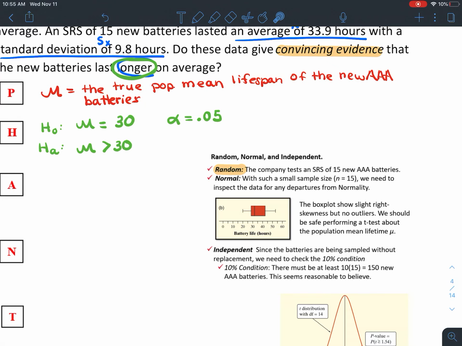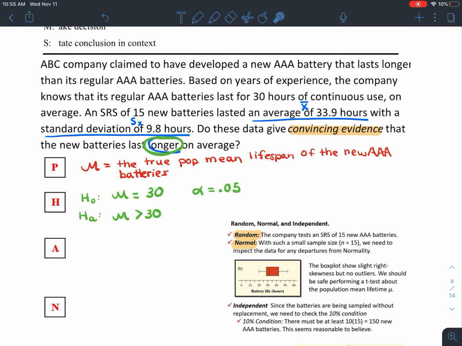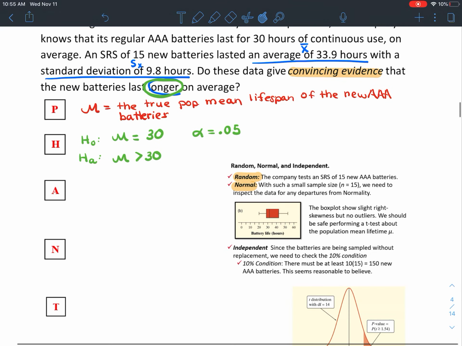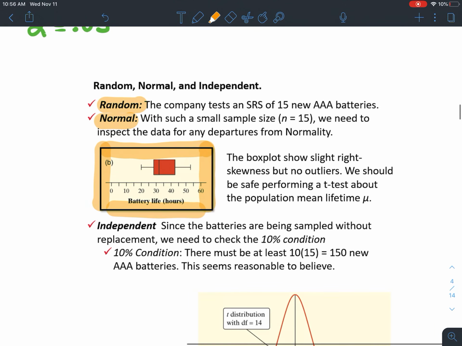And so we're left to determine the normality based on whether the shape of our sample data shows no extreme skewness or no outliers. Now, on this particular problem, they didn't give us what the lifespans were of each of the 15 batteries they tested in their sample, but we're assuming that someone had access to it, and that's how they were able to construct this box and whisker plot that you're seeing right here.